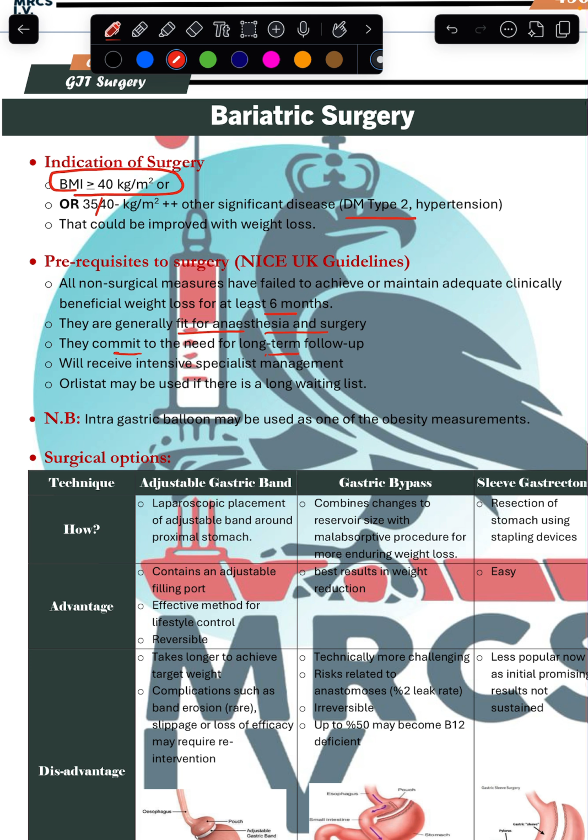The person will receive intensive specialist management, and an early start may be used for a long waiting list. If the person is on a waiting list, you give them an early start. So these are the NICE guidelines for bariatric surgery.